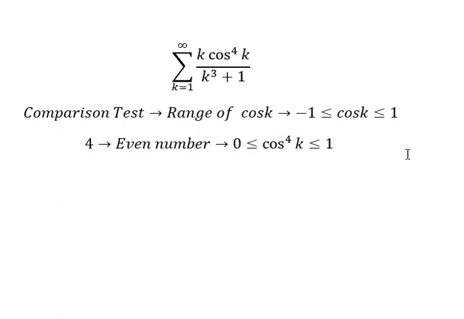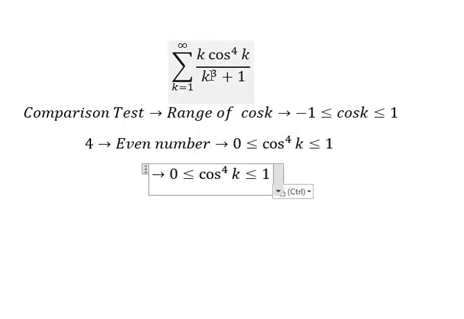Next, we multiply k over k to the power of 3 plus 1 on both sides.